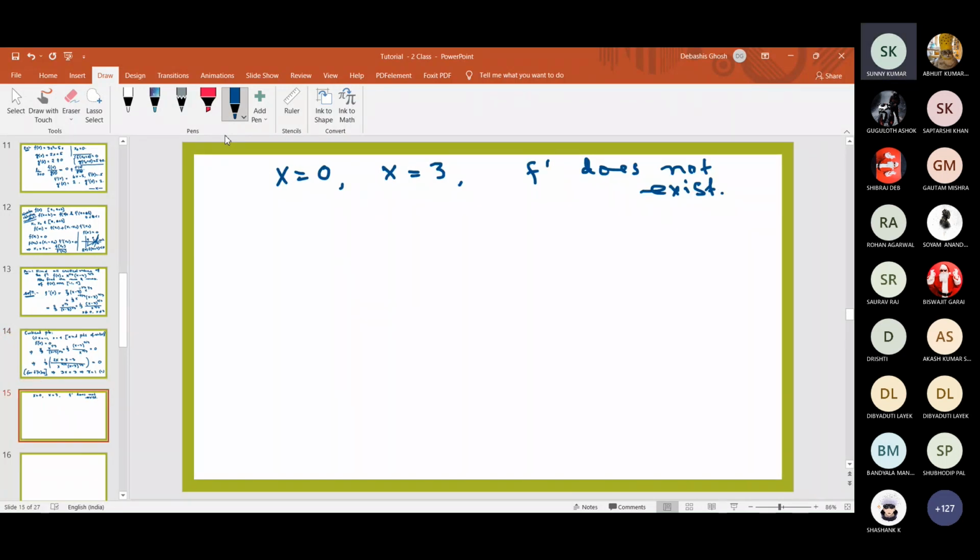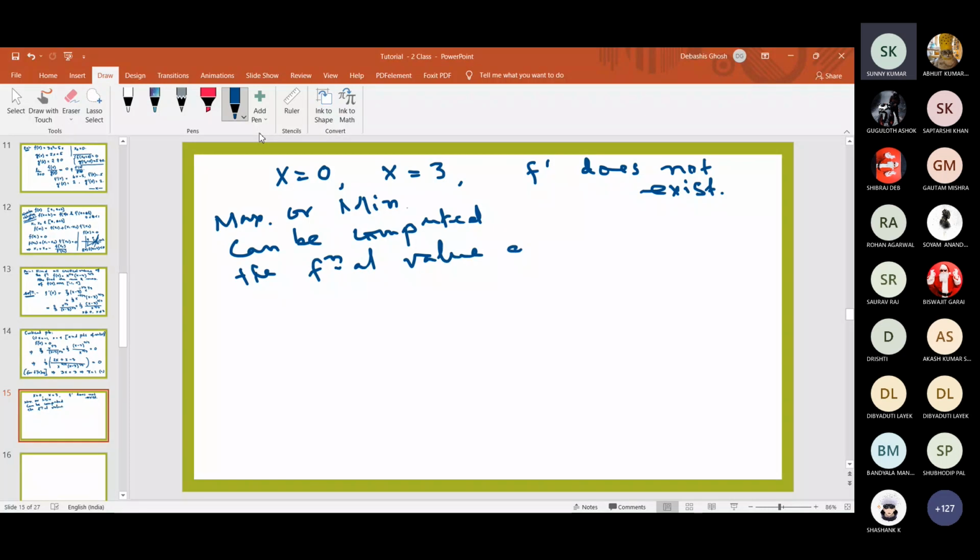So local maximum or minimum can be computed at the functional value at each of these points. And I think you could compute these by yourself.